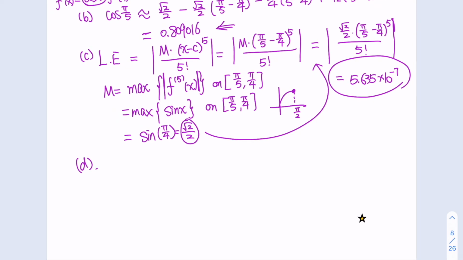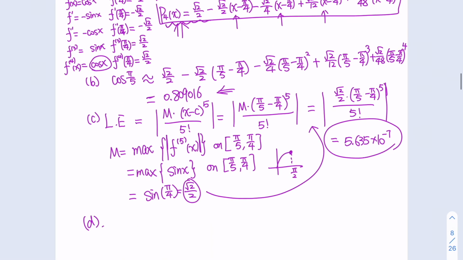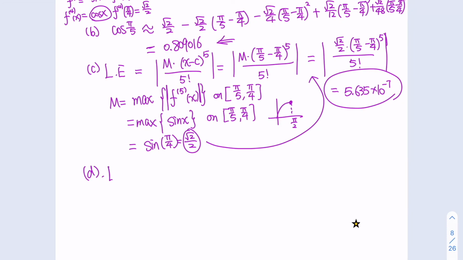If we use this same polynomial approximation to evaluate cosine of pi over 3, the only difference for the error bound is the M value. So x here is pi over 3, minus c, where the center is pi over 4, over 5 factorial. For the maximum value, same thing, maximize sine of x.